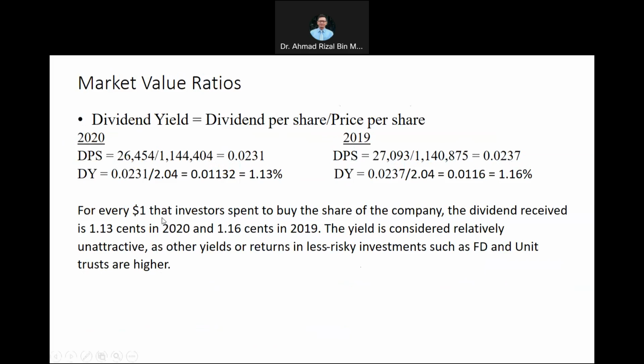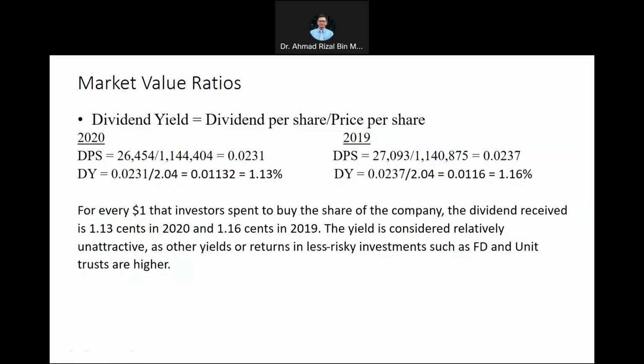So the dividend yield uses this dividend per share, and you divide it by the stock price per share from earlier. You will get 1.13% in 2020 and 1.16% in 2019. The denominator is the stock price, and the numerator is the dividend per share, how much each shareholder gets in dividend for every share they purchase.